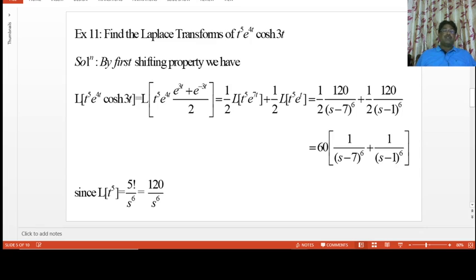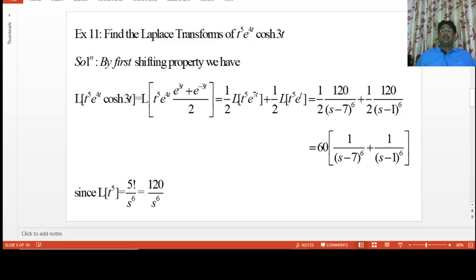Then by using the first shifting property, in the first term, e raised to 7t is there. That means you have to replace s by s minus 7. In the second term, e raised to t is there. You have to replace s by s minus 1. That's why the total answer is 1 upon 2 into 120 divided by (s minus 7) raised to 6 plus 1 upon 2 times 1 into 120 divided by (s minus 1) raised to 6.